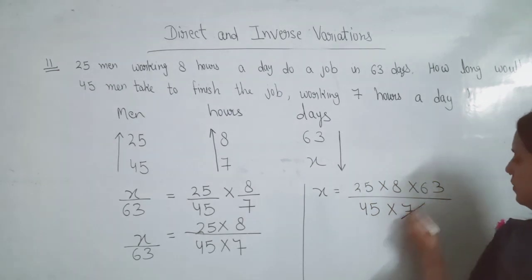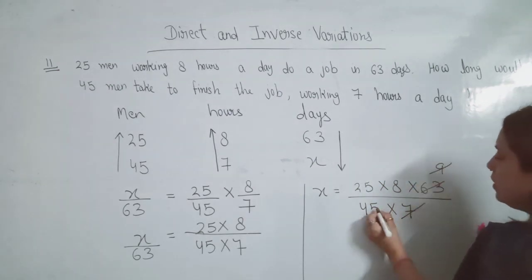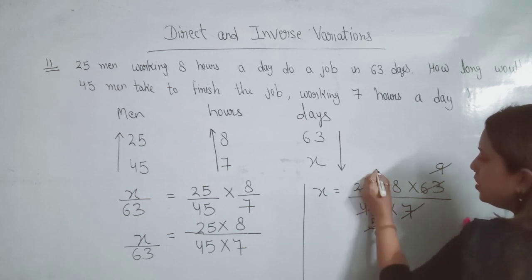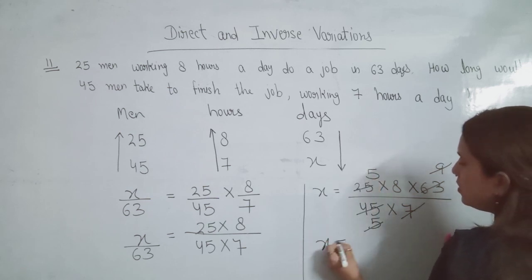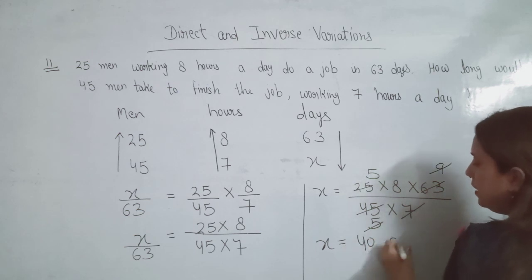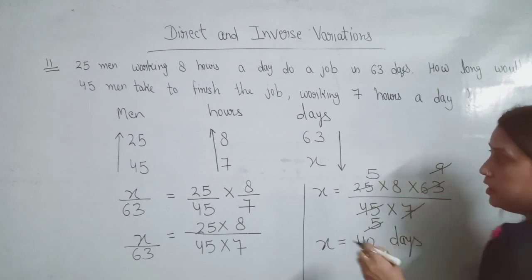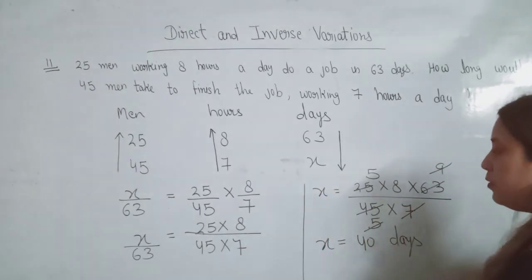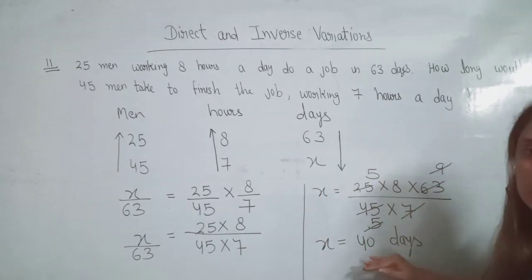Now solve it. 7 9s are 63, 9 5s are 45 and 5 5s are 25. x is equal to 40 days. So 45 men, if they work 7 hours, will complete the work in 40 days.